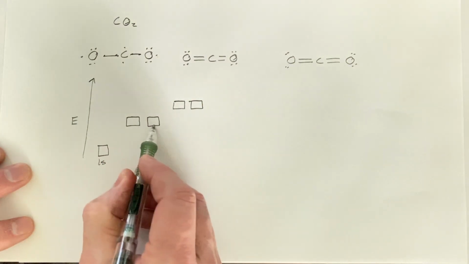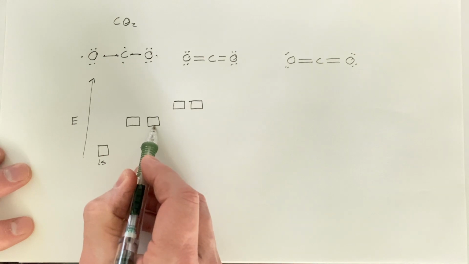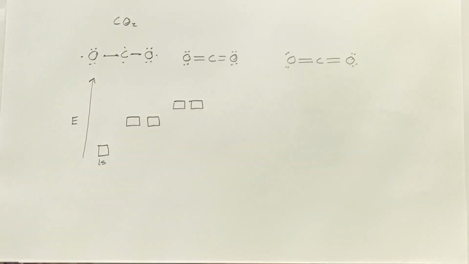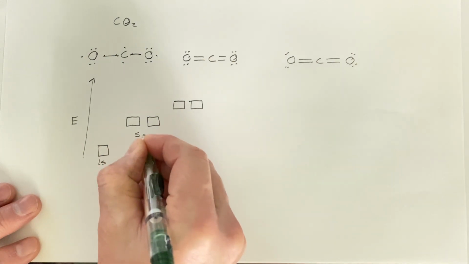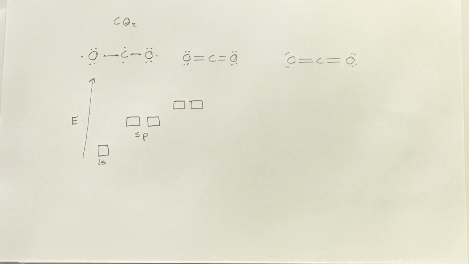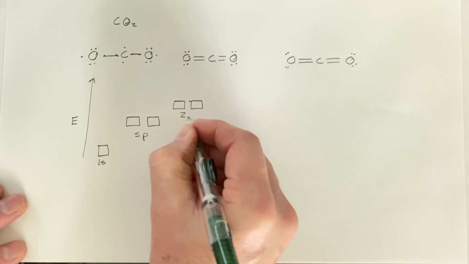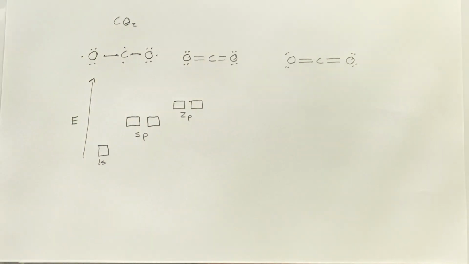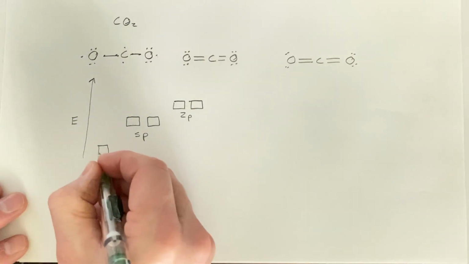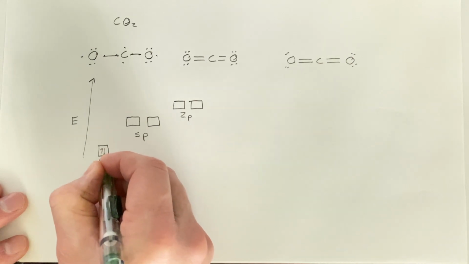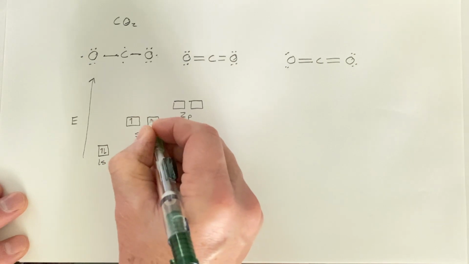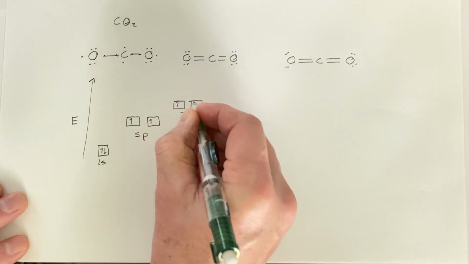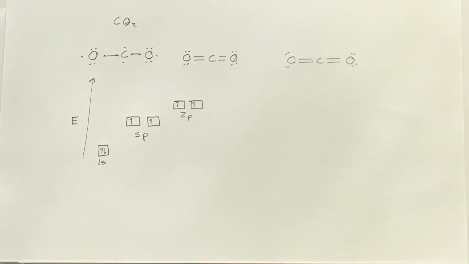To make these 2 hybridized bonds, we used a 2s orbital and a 2p orbital. So we shall call each of these orbitals sp hybridized orbitals, and we have 2 2p orbitals that are unhybridized. We'll place an electron for the carbon here and another here, and then we have 1, 2, 3, 4 electrons from our carbon atom.